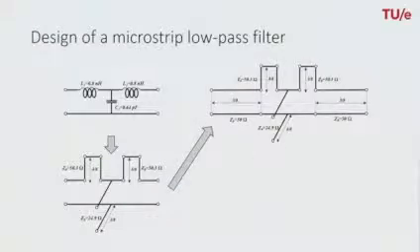Then we're going to apply the Kuroda identity, and we do that by first adding two sections equal to lambda over 8 at the input and output of the filter. We can always do that because these are sections with a characteristic impedance of 50 ohm, so nothing will change in the performance. By doing that, we recognize the first Kuroda identity, and we can apply the equations that we just have discussed.